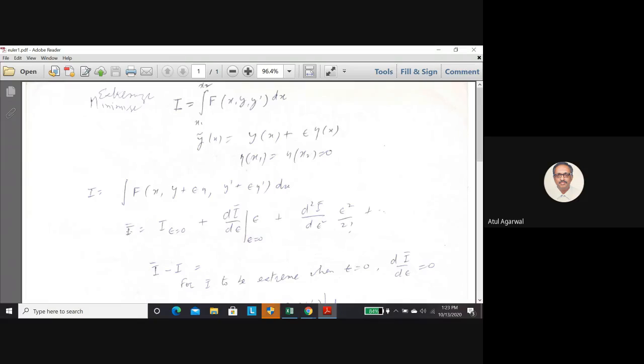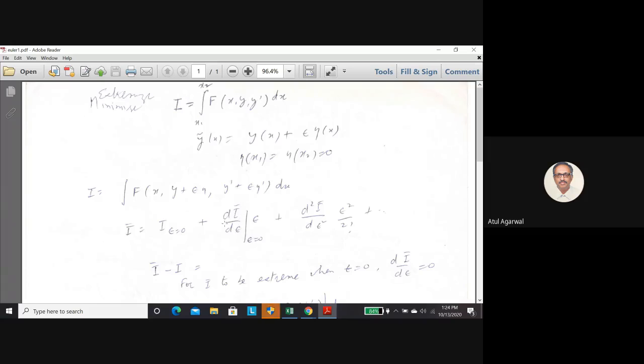So how can it be higher? Now epsilon squared is positive. If this second derivative is positive, this I bar will always be higher if the first derivative is 0. So you can have a minimum for I at epsilon equal to 0.